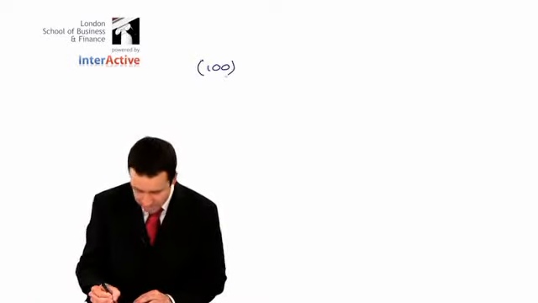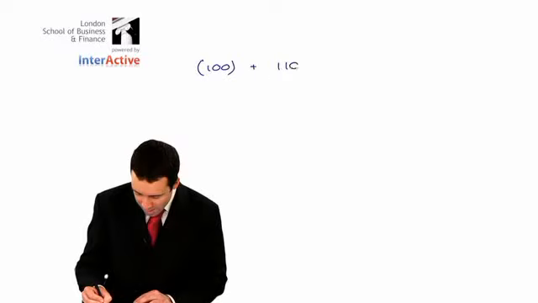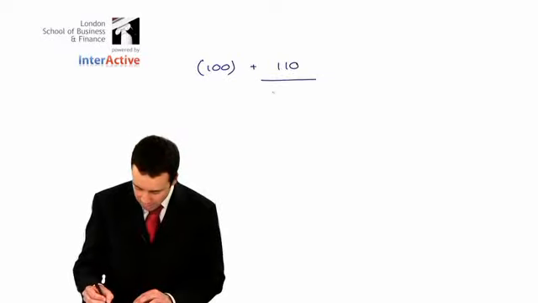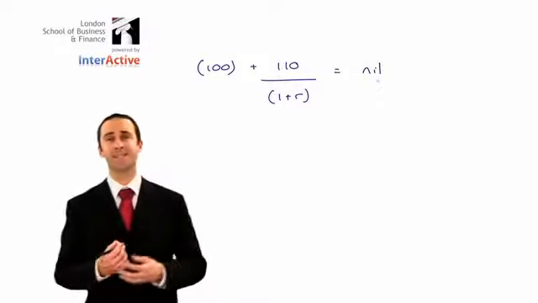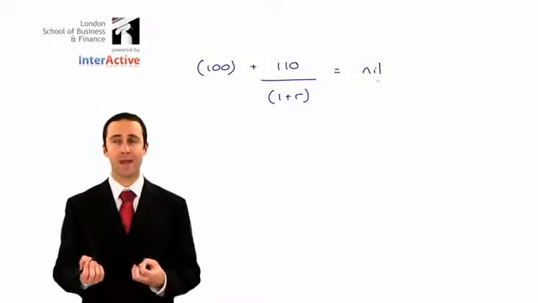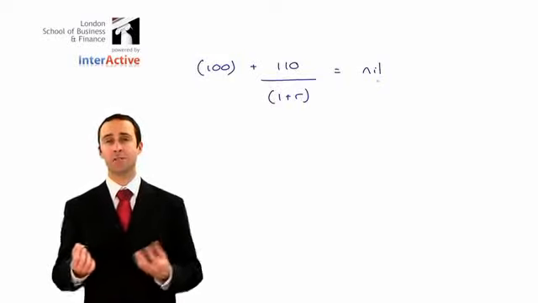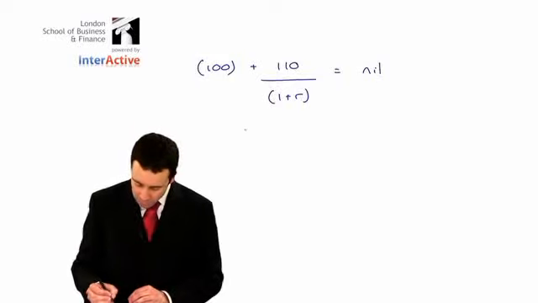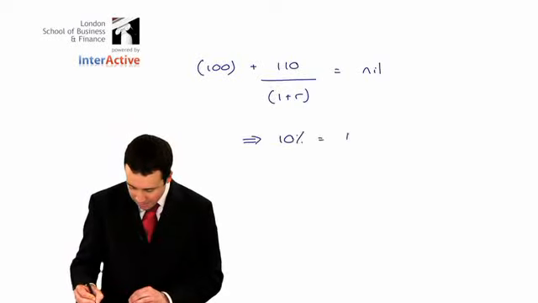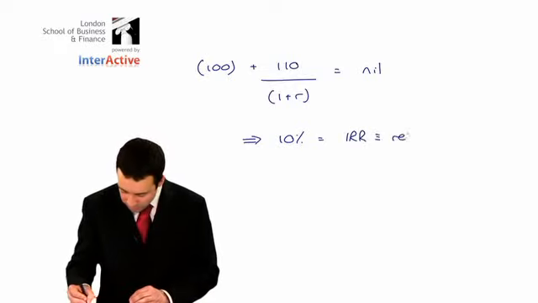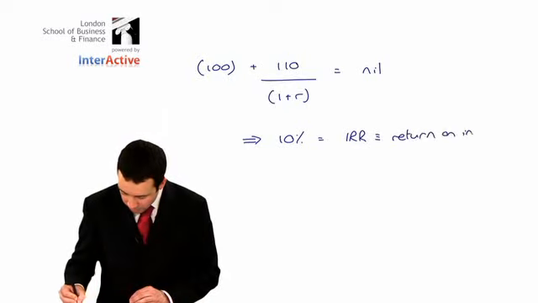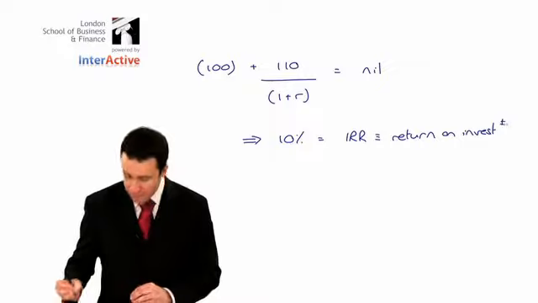If we invest, say, £100 and we get in 1 year's time £110, and we discount that back to present value, but set it to nil, because we're trying to calculate a nil NPV to be able to calculate the IRR, then we should be able to work out that R is equal to 10%, which is the IRR, which is also the equivalent to the return on our investment.